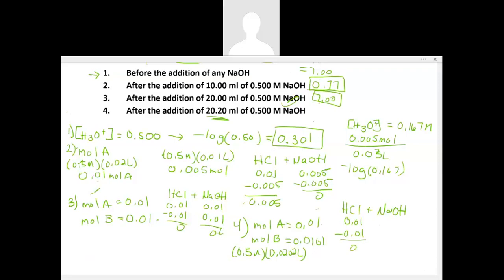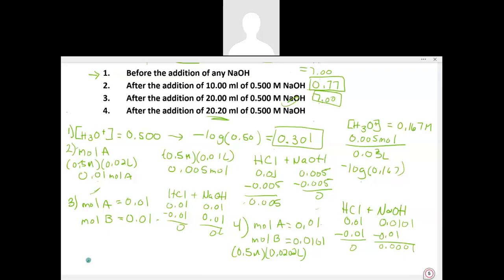My base, I started with 0.0101. Let's go back, or else the math will not look as good. There we go. So now we have 0.0101, and then I subtract all that acid. So my excess is this small amount, 0.0001. So 3 zeros and then a 1.